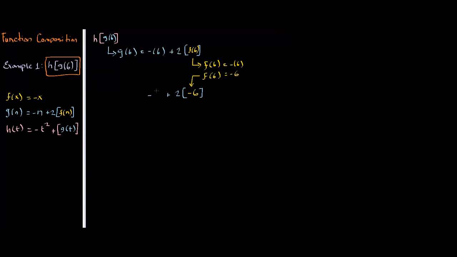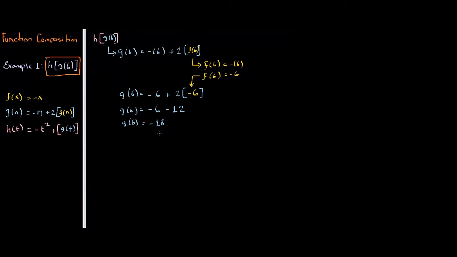I'm going to write here the expression, and this expression is g of 6 here. Now I'm going to proceed with this. It would be 6 minus 12. So in other words, g of 6 is equal to negative 18.